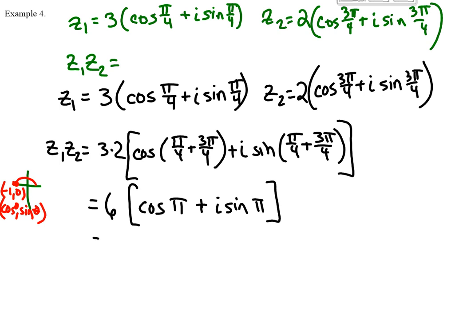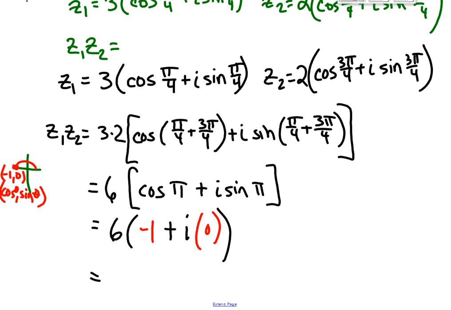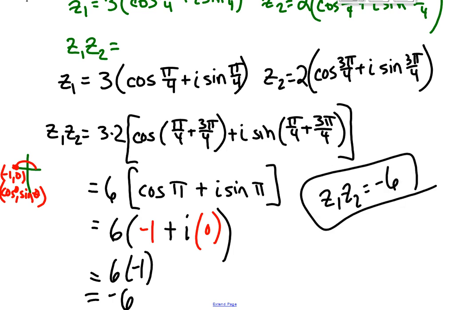So that gives us 6 times cosine of pi, which is -1, plus I times sine of pi, which is 0. When we figure that out, that is 6 times -1, so that is just -6. So z1 times z2 is just equal to -6. That turned out to have a real answer.